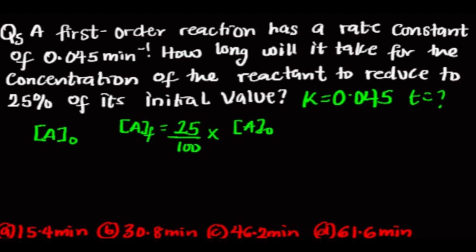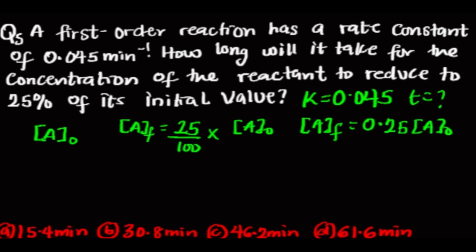That's 25% of the original value. So I can simplify it: the concentration of A final is equal to 0.25 times A naught.